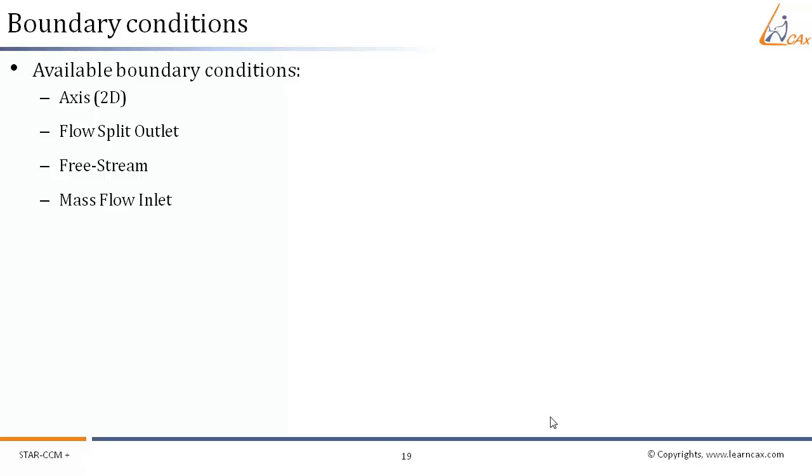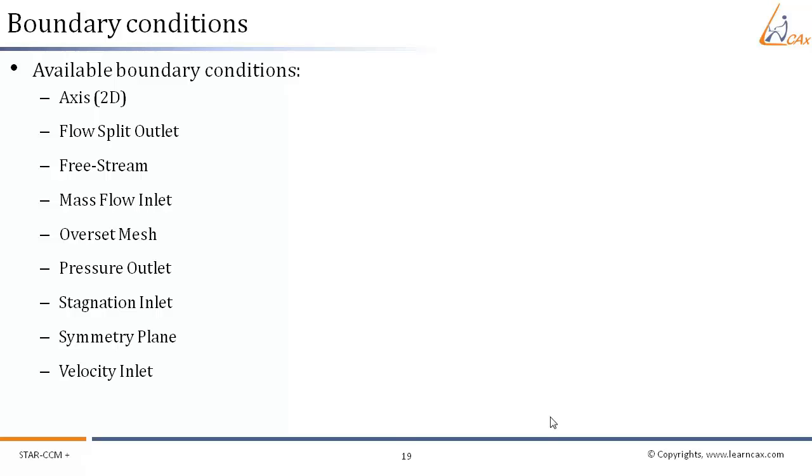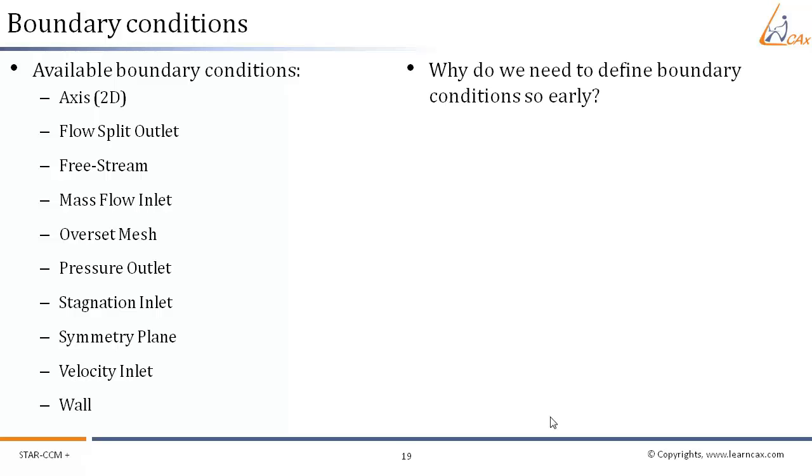We have access to flow split outlet, free stream, mass flow inlet, overset mesh, pressure outlet, stagnation inlet, symmetry plane, velocity inlet, and wall. The distinct feature of STAR CCM+ software is that we define boundary conditions early, even before meshing.